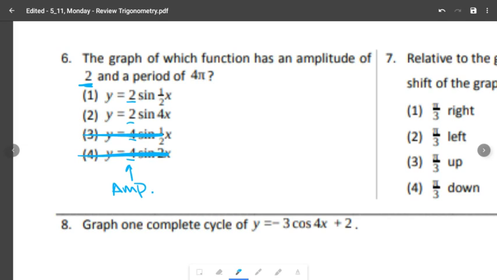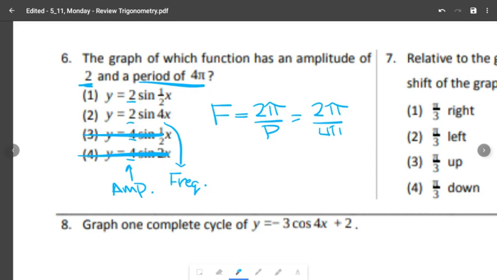Next, the number in front of the x, remember, is your frequency. They're giving us a period of 4 pi. But if you remember, frequency is equal to 2 pi divided by the period. So 2 pi divided by 4 pi means that my frequency is 1/2. So answer choice 1.